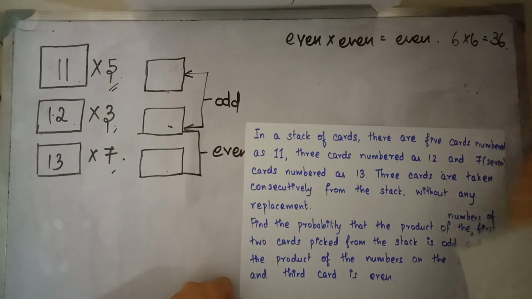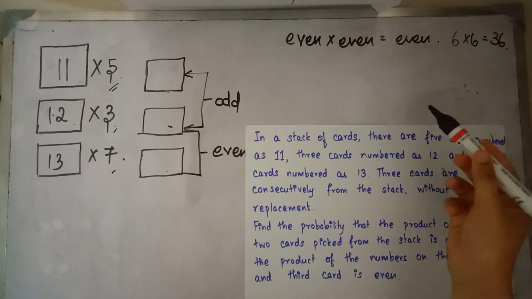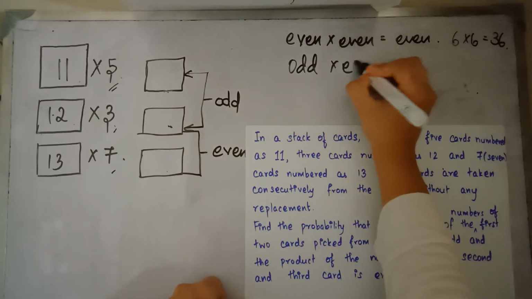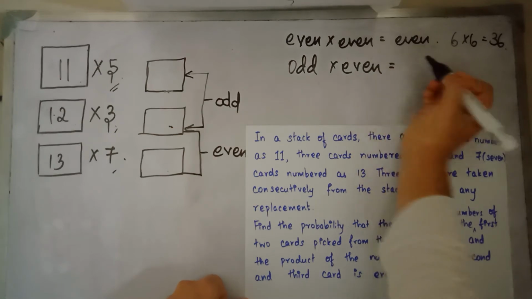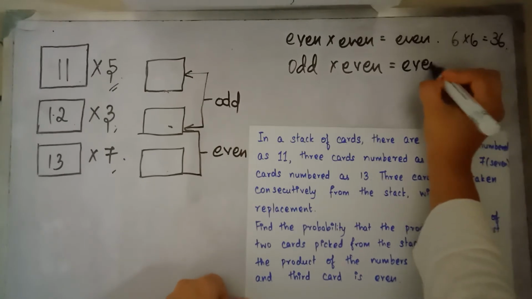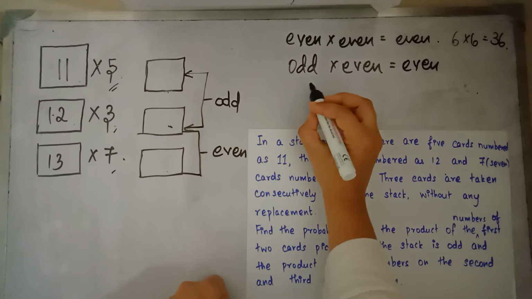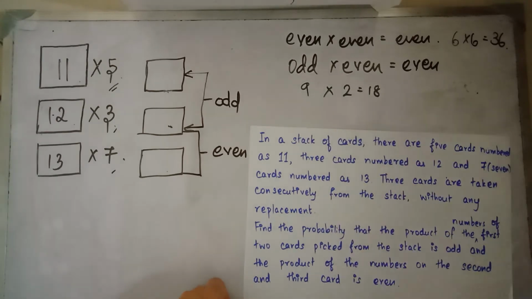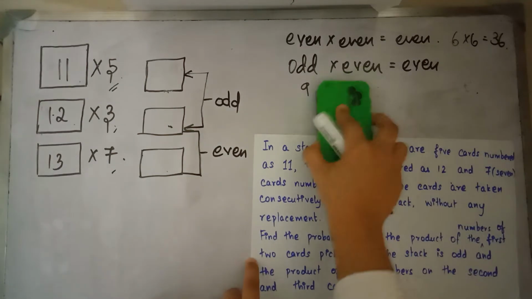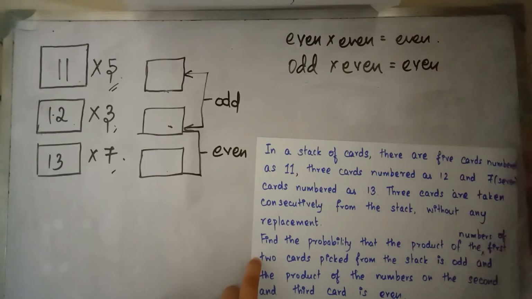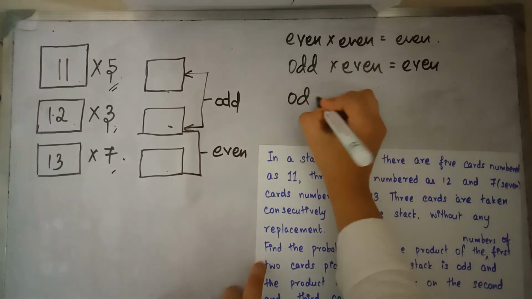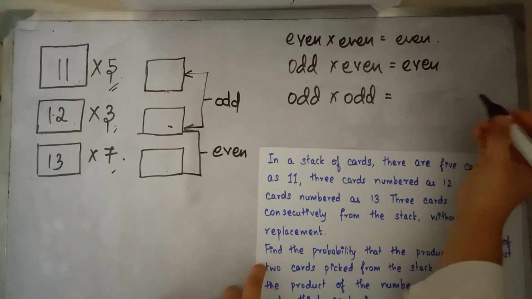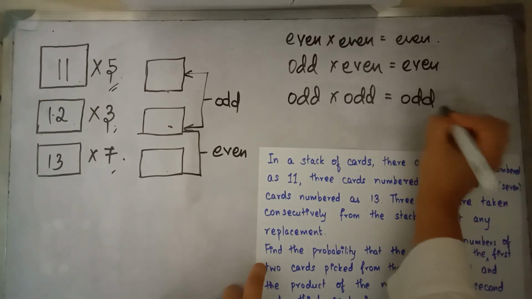It gives us 36, and 36 is again an even number. Odd into even is again an even number. An example of this would be 9 and 2. It gives us 18, which is an even number. We get an odd number only when we multiply 2 odd numbers. 9 into 3, both of them are odd, and it gives us the odd number 27.